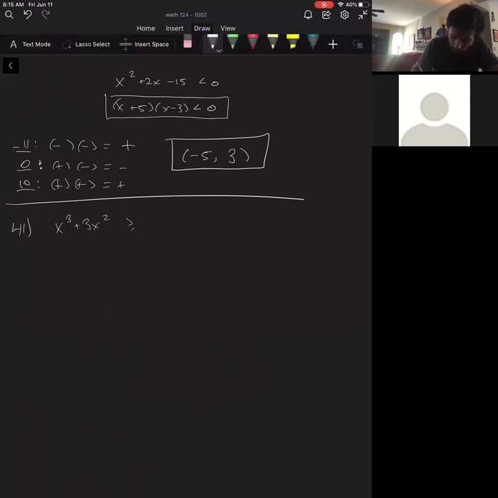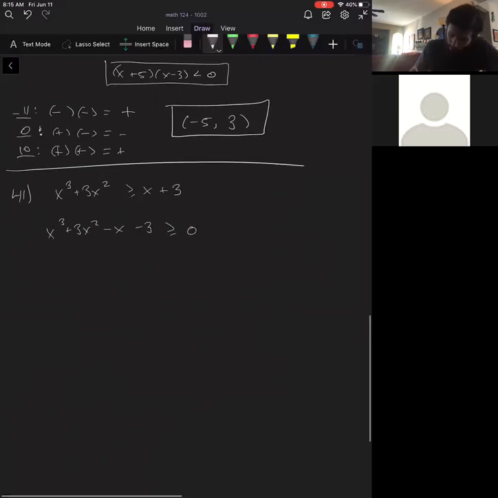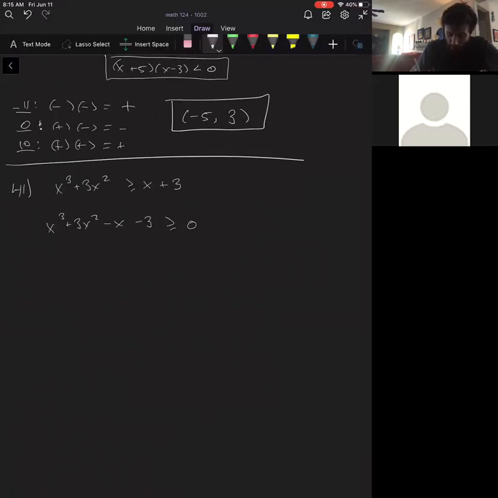Let's change this a little bit. So we'll have x plus 3 over here. So what we need to do in this problem is get everything on one side. So let's subtract the x over, subtract the 3 over. So we'll have x to the 3 plus 3x squared minus x minus 3 is bigger than or equal to 0. So now we have everything on one side and 0 on the other side.